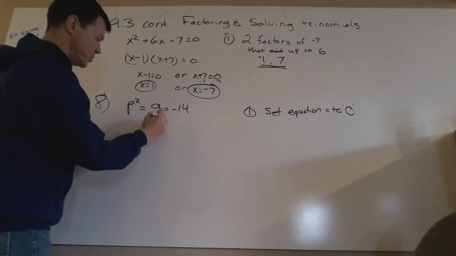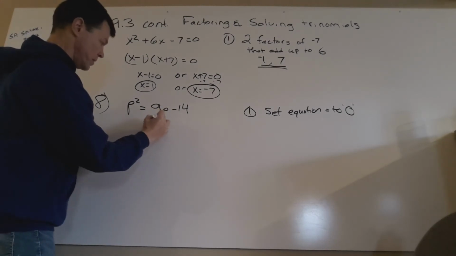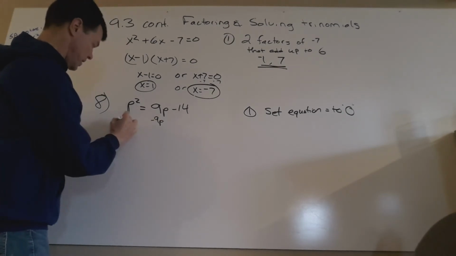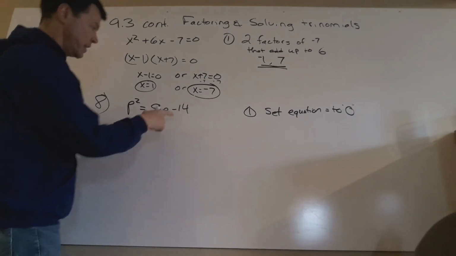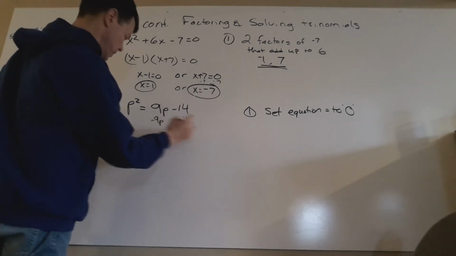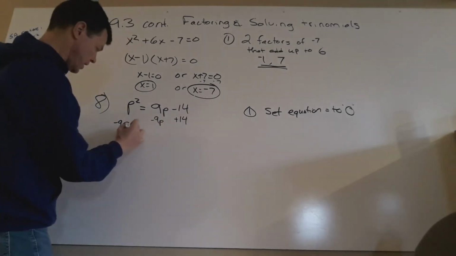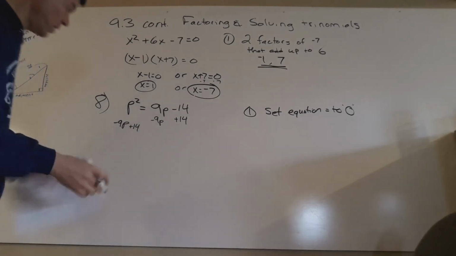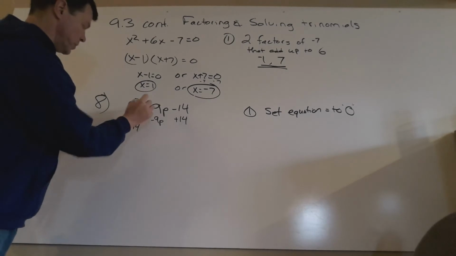So I will subtract 9p, and I'll subtract 9p on this side. Then I also need to add 14, and on this side, add 14. Whatever you do to one side of the equation, you have to do to the other side to keep your equation balanced.